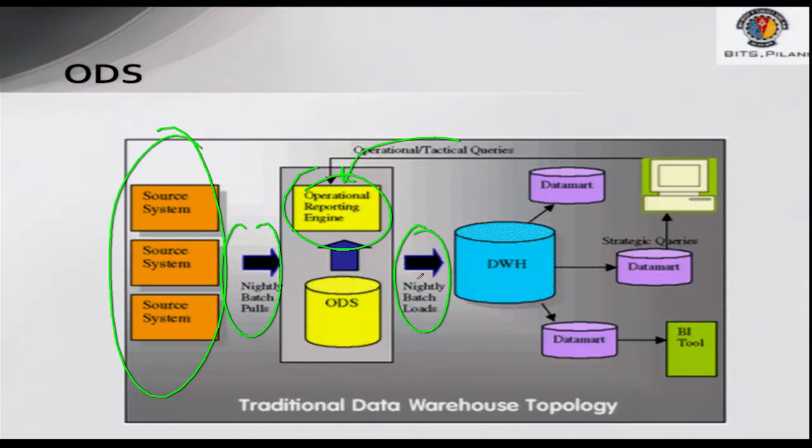Now these data marts draw their data from the data warehouse, and then you can apply different kinds of end user tools to analyze the data in the data marts or in the data warehouses. Another common thing between Kimball and Inmon is that data marts are present in both paradigms. So that is common.